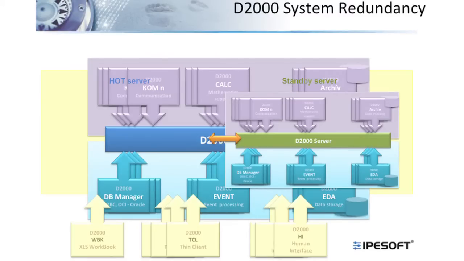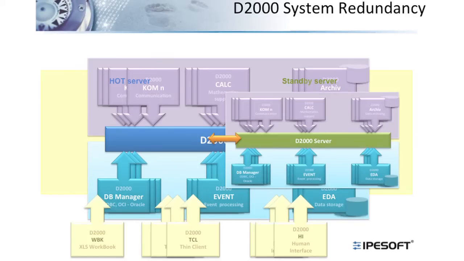So we support what we call redundancy, so that we've got 2 copies of the servers of the application running on, let's say, geographically disparate locations, and they work in a configuration. One part of the servers is the hot server. If something happens and it fails, then automatically the hot standby starts to work.